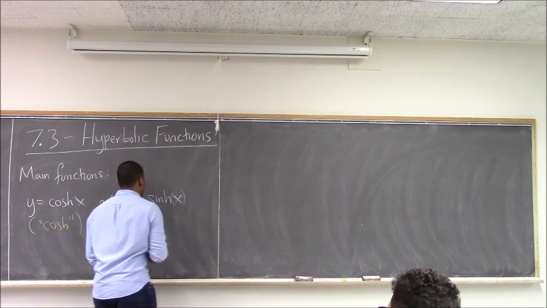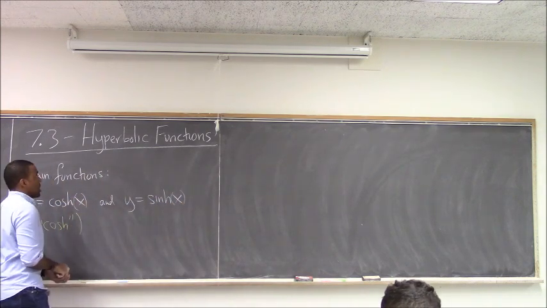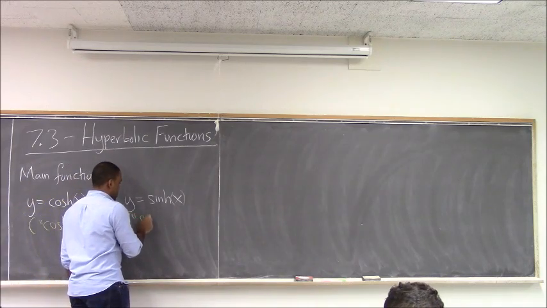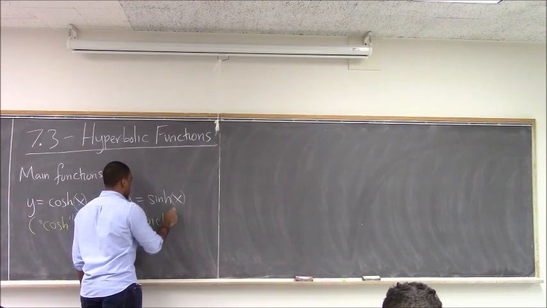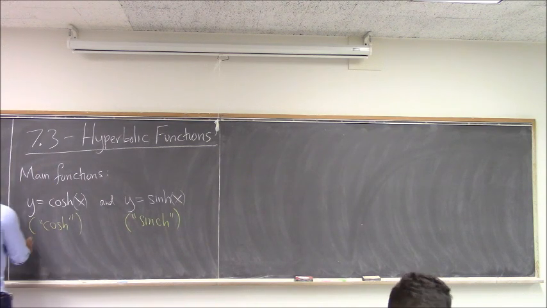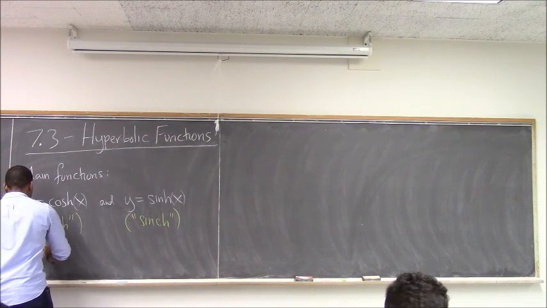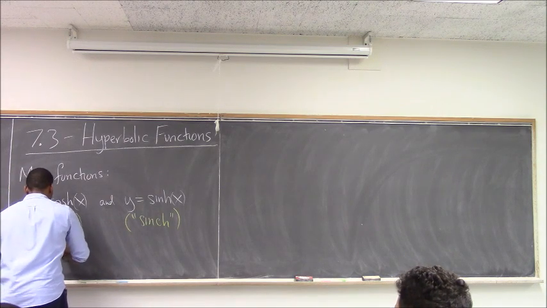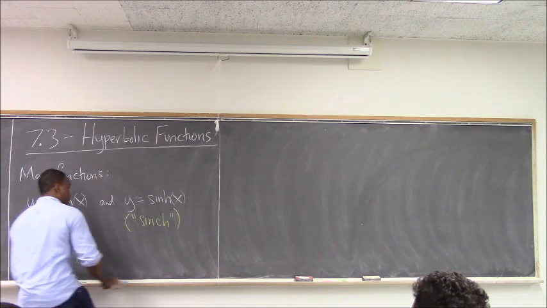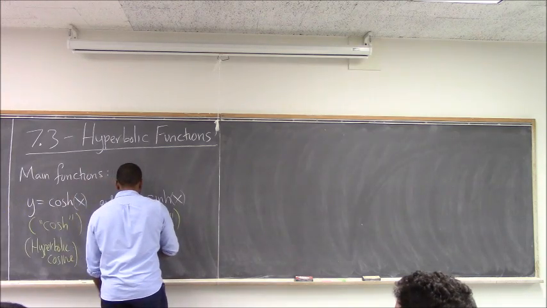So these are kind of like trig functions, but they're not. Sometimes they're called hyperbolic trig functions. So this is pronounced sinh. So you have cosh x and sinh x. This is the hyperbolic cosine. And this is called the hyperbolic sine.